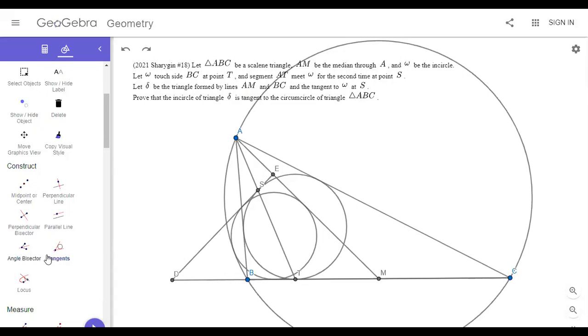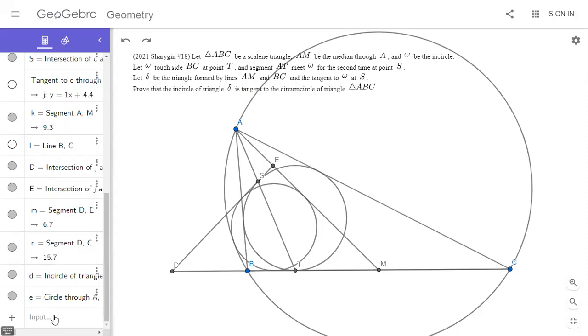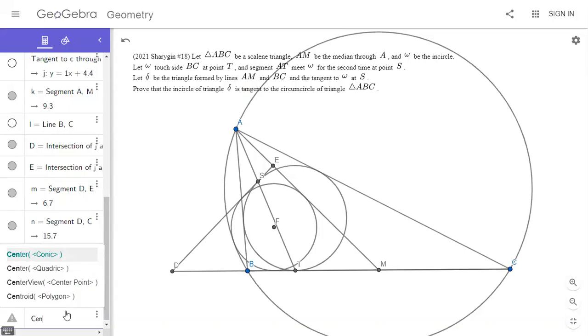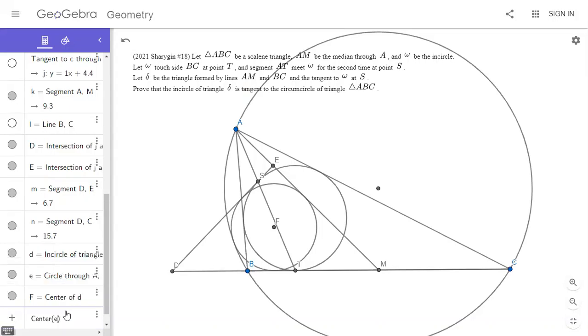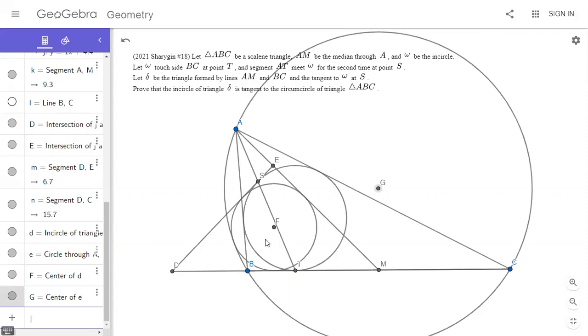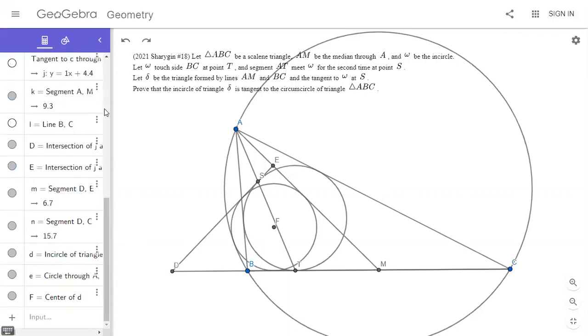So yeah, I'm going to draw the centers of these two circles. Whoops, hold on just a sec.